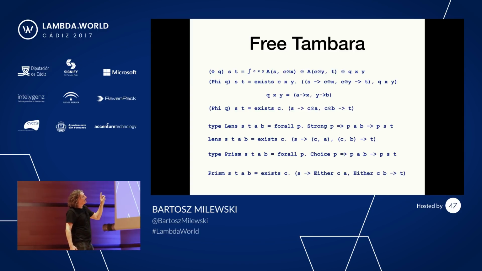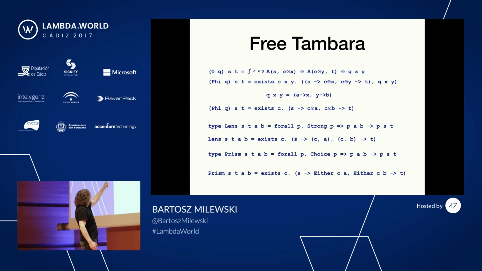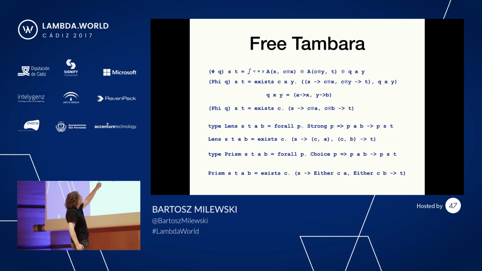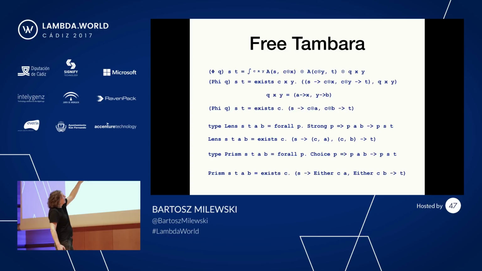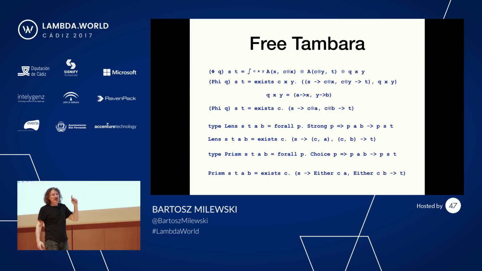The first one is a pair, right? And I get a lens, right? Because I get a lens STAB. After doing the Yoneda, I get this exists C, that S goes into CA, CB goes into T.